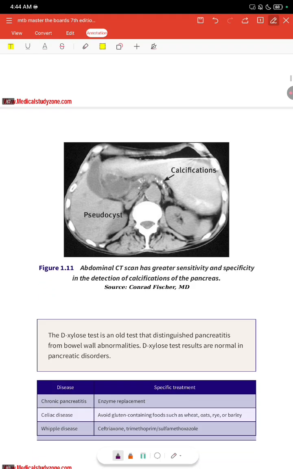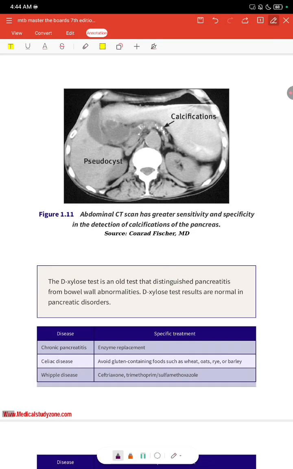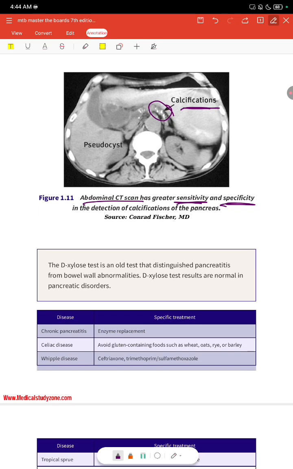This is the difference between specificity and sensitivity. Here is the CT. Abdominal CT scan has greater sensitivity and specificity in the detection of calcifications of the pancreas. These whites are the calcifications that are seen on abdominal CT scan.